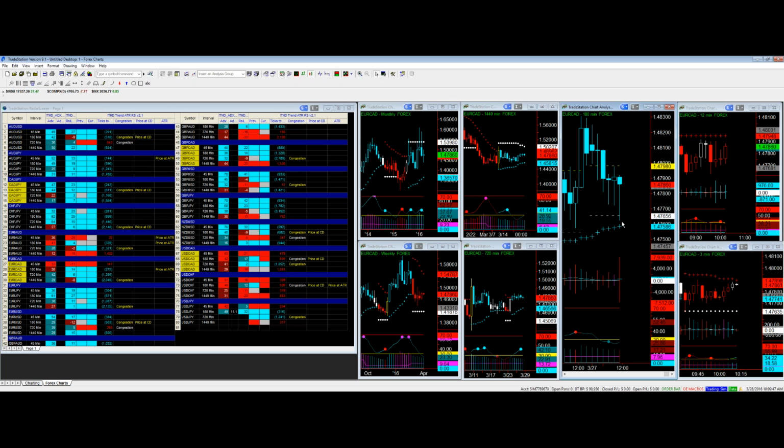That's telling me that as they made that low, buyers started coming in, and that is being confirmed right now on the price bar because it's closing in the upper percentile. It should come up and touch the congestion dot over here on the 1440. The best place for entry on that was as it came down to the ATR. It is not now. It's too much risk on that trade now.